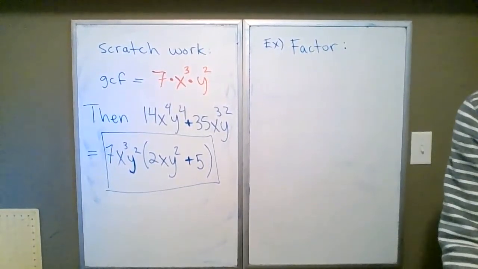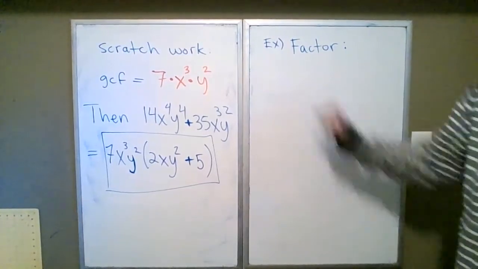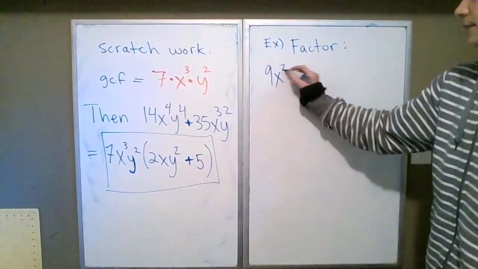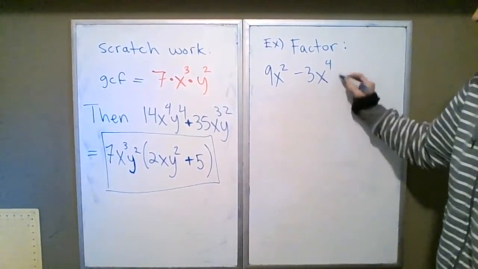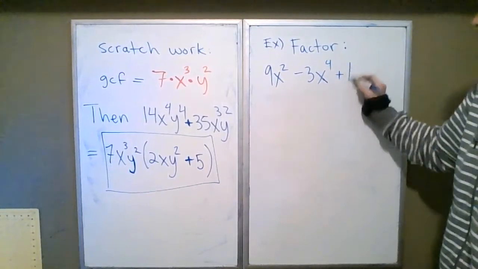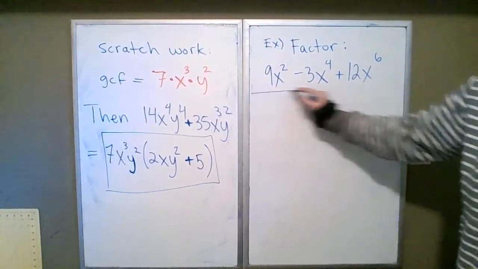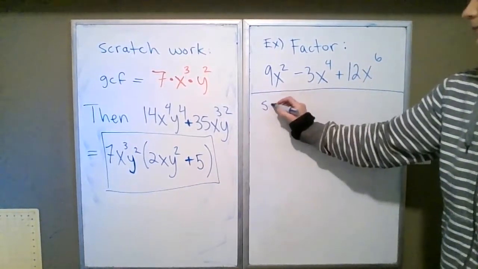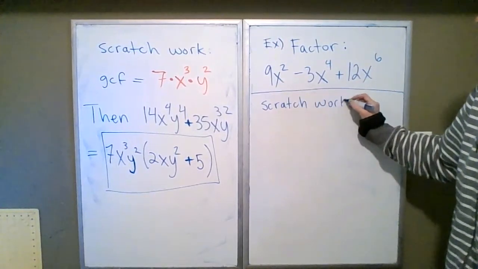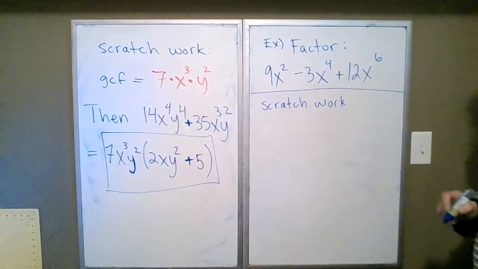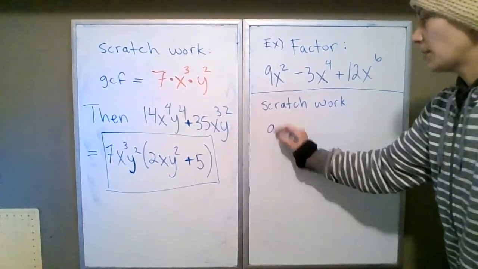We are factoring 9x squared minus 3x to the 4th plus 12x to the 6th. Okay, I kind of need to check out the factors of all the numbers.